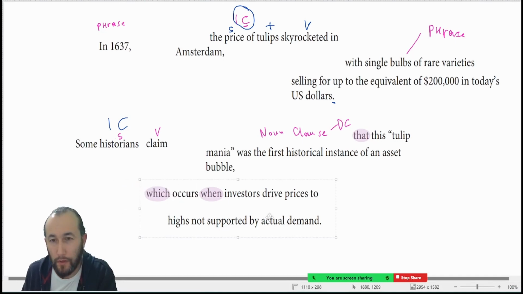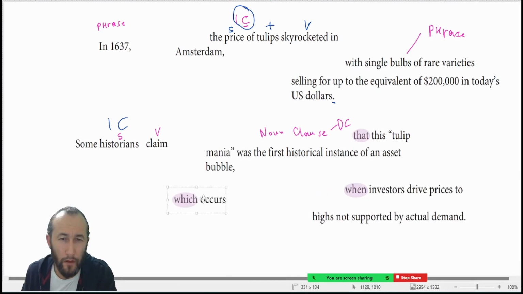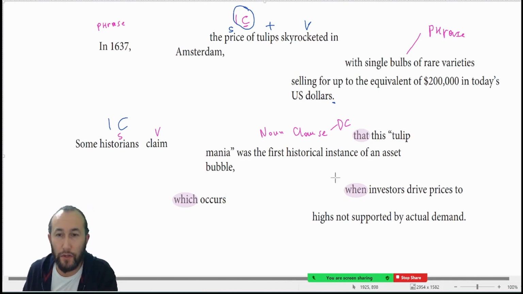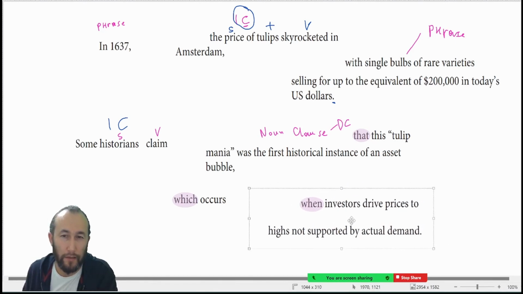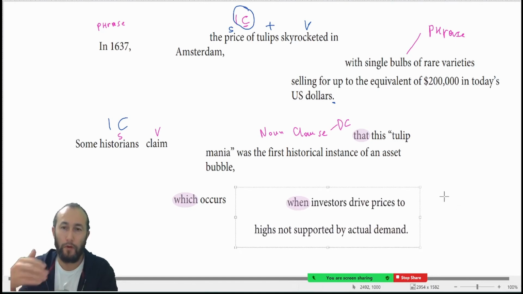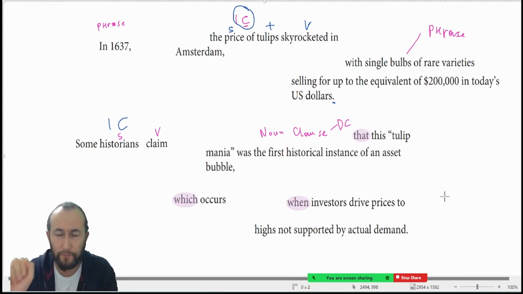All right, we're going to put it there first. There you go. And then we're going to separate "which occurs." Okay, so that's "which occurs," that's an adjective clause. And then whatever we got left here is another dependent clause, and that is an adverb clause, guys. When, if, as soon as, even though, although, they are all adverb clauses, guys.